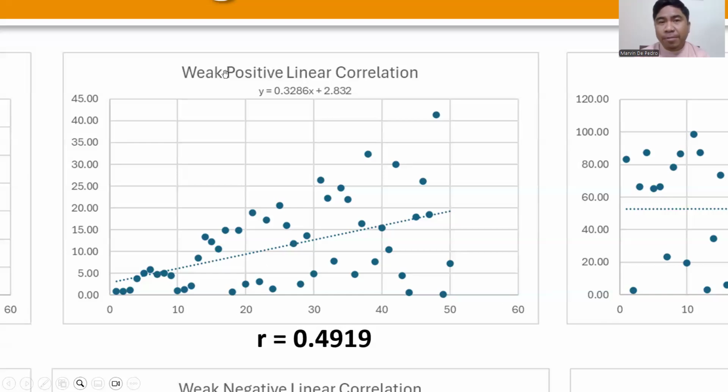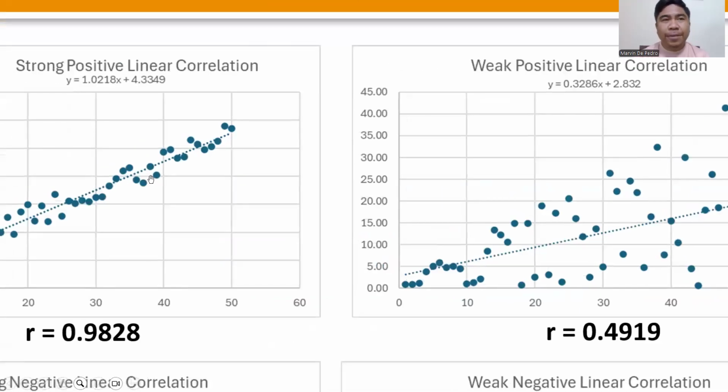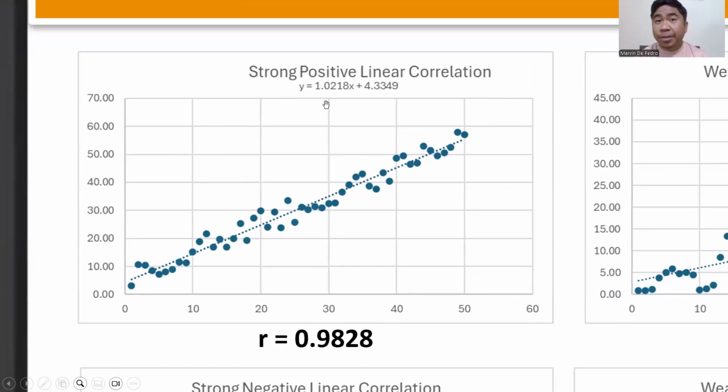Okay. By the way, as you can see, we have what we call the regression equation. So we're going to talk about regression in a while. And basically, the purpose of this is, for example, if we have a value of our independent variable, we can expect what most likely will be the value of the dependent variable.